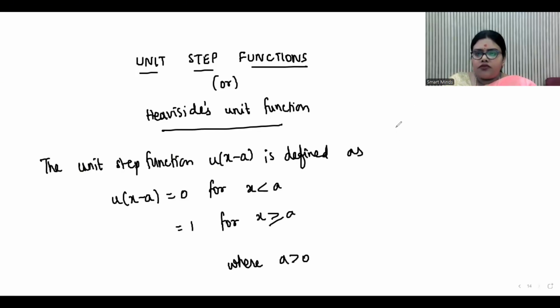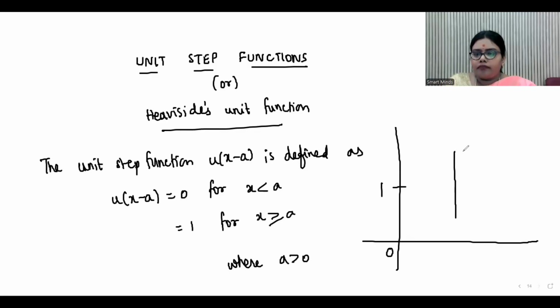We can draw this figure to understand it more clearly. This is 0 and this is 1. We are taking u of x minus a, and this is a. This is x.